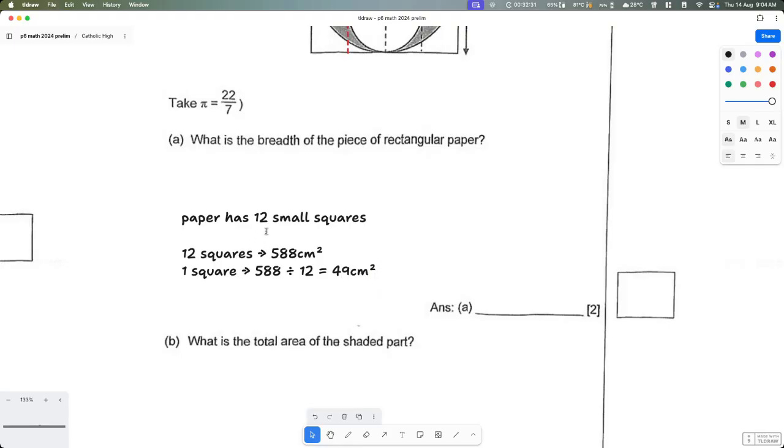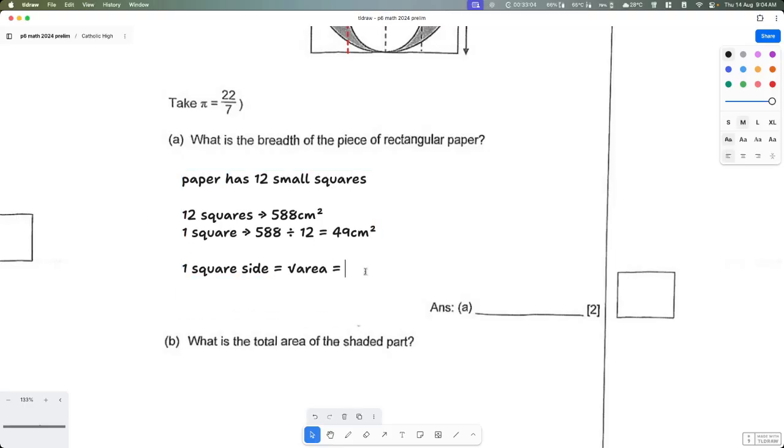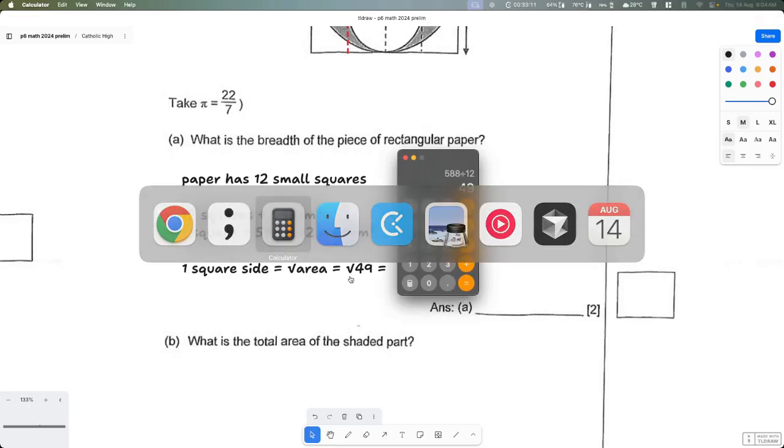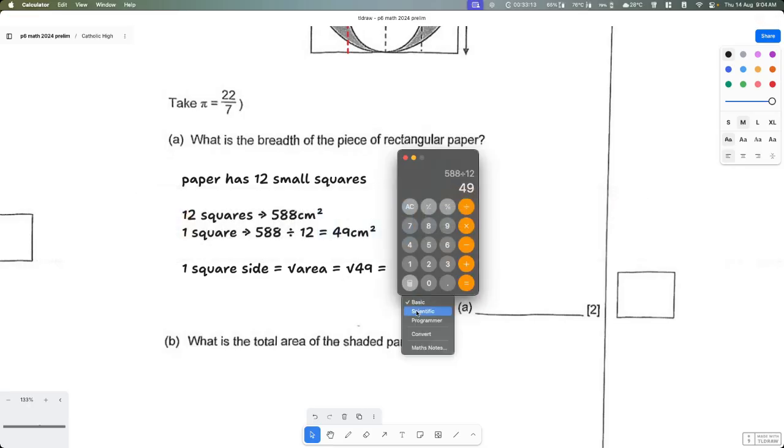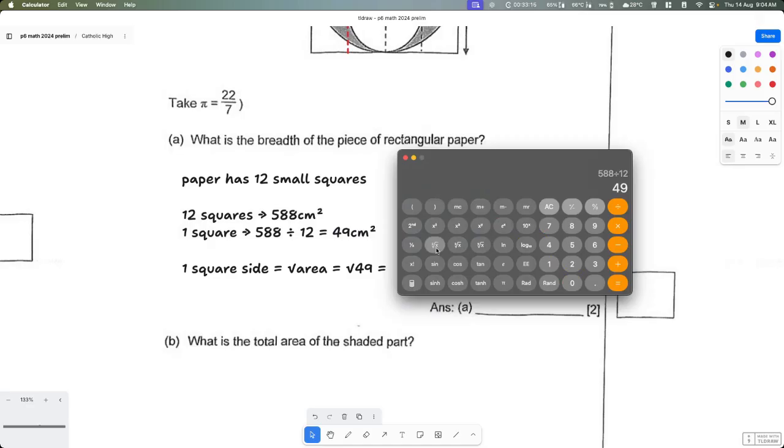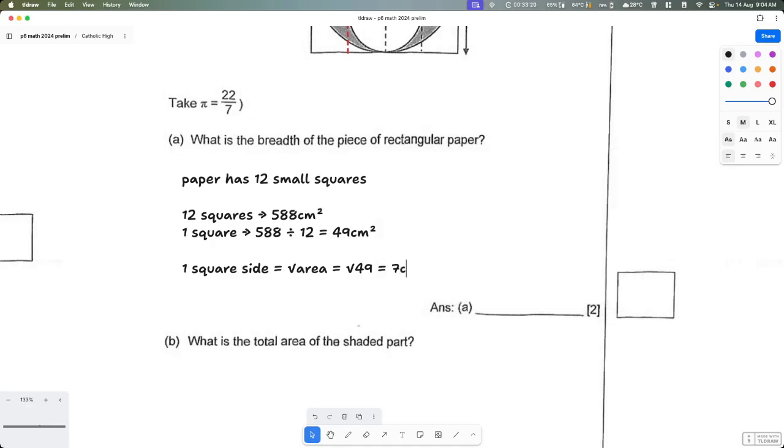So one square side is equal to the square root of the area, which is the square root of 49. I recommend you use your calculator. The square root gives us 7, so is this 7 centimeters?